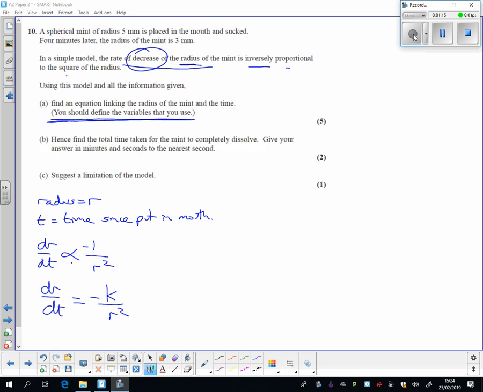Now, once we've got that bit there, we need to go through our differential equations method of getting this into an equation. So we're going to put the r's up here and the dt up here. So my next line is r squared dr equals minus k dt. Put integral signs in front of both sides, and now we can do the integral.